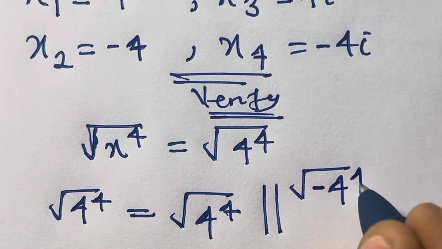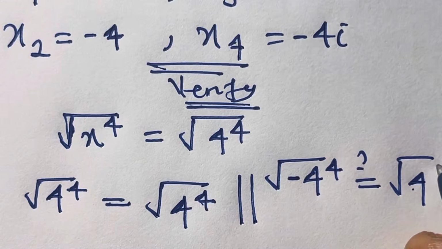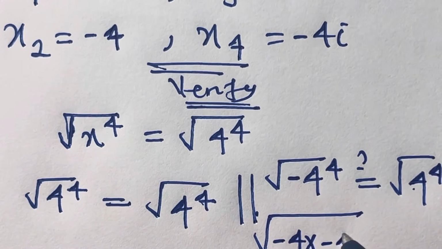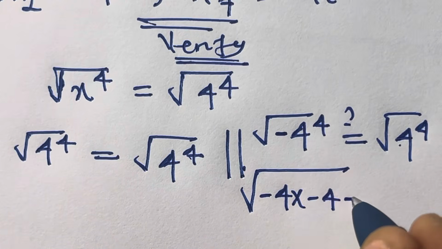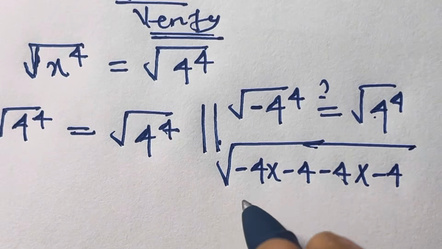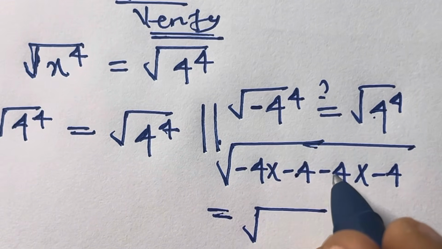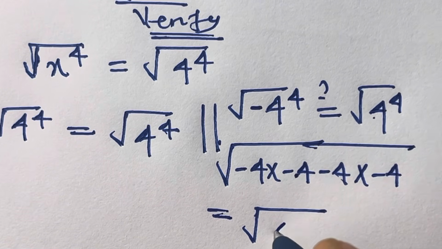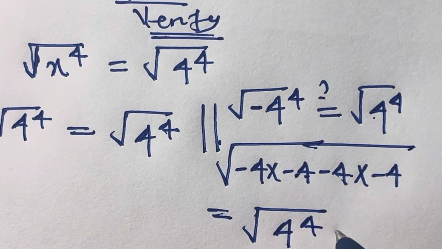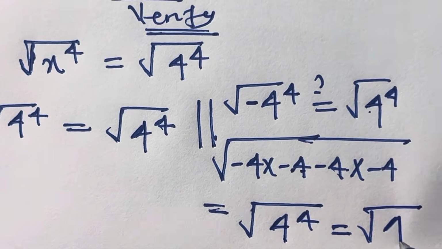Is minus 4 raised to the power 4 equal to the square root of 4 raised to the power 4? What we are going to use here is minus 4 times minus 4 times minus 4 times minus 4. You observe that minus times minus is plus, and plus times minus times minus is plus. So we have 4 raised to the power 4, which is also equal to 4 raised to the power 4.